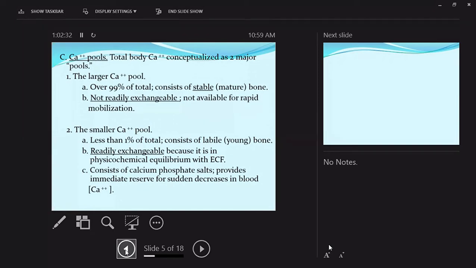Increased calcium excretion when you have decreased parathyroid hormone, increased extracellular fluid volume, increased blood pressure, and decreased plasma phosphate. And if you have metabolic acidosis.